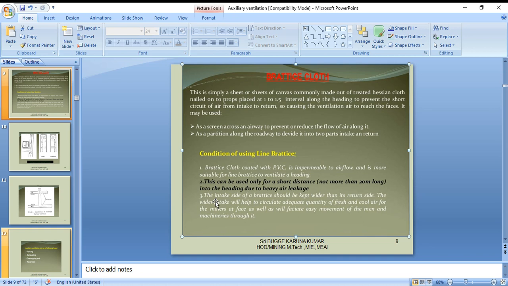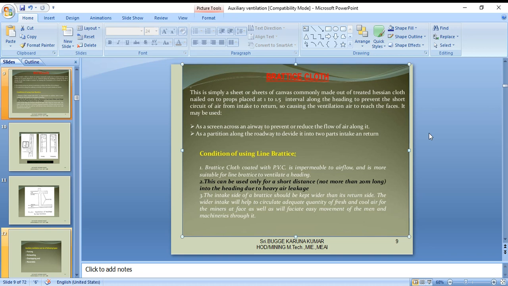The intake side of the brattice should be kept wider than its return side. The wide intake will help circulate an adequate quantity of fresh and cool air for the miners at the face, as well as facilitate easy movement of men and material through it. So those are the basic conditions of line brattice.